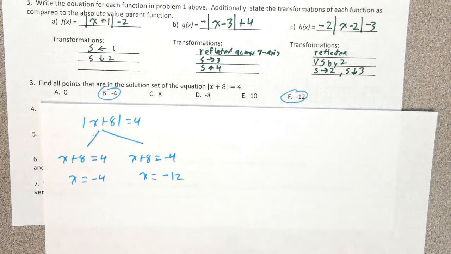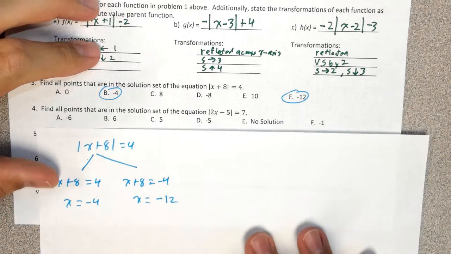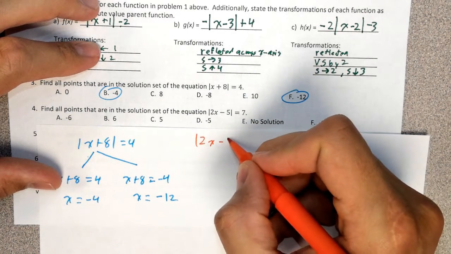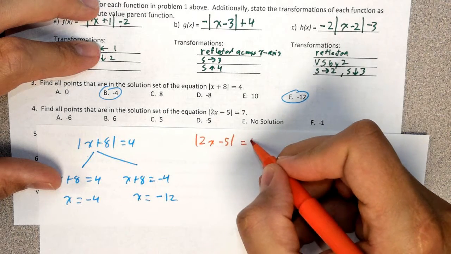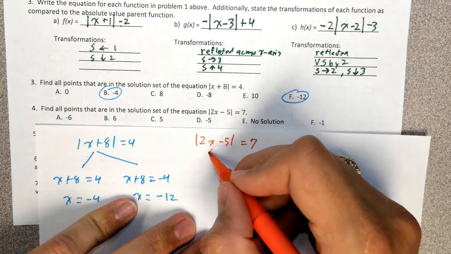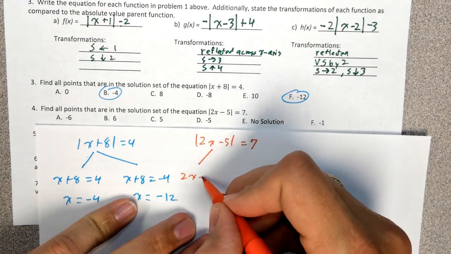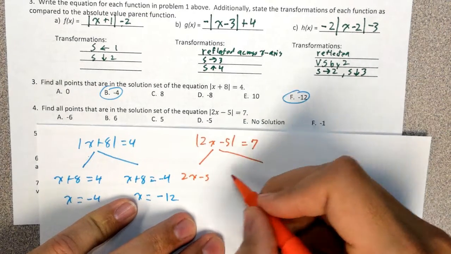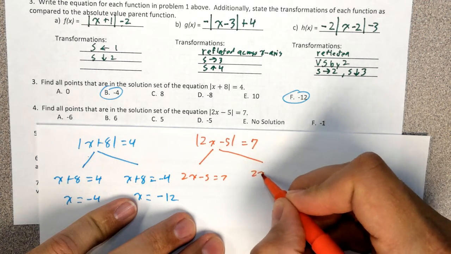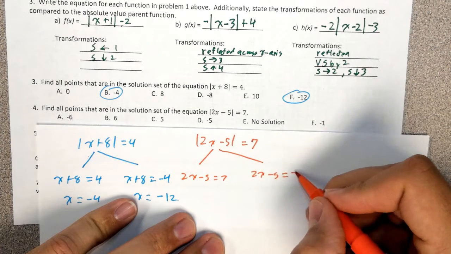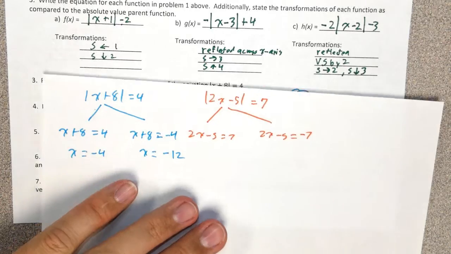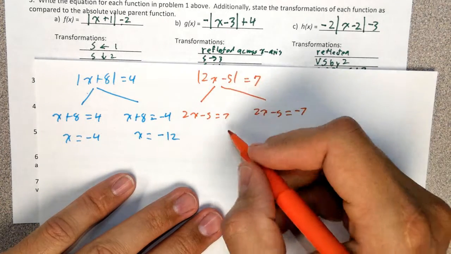Let's look at the next one, number 4. We have the absolute value of 2x minus 5 equals 7. My absolute value part is already by itself, so we have 2x minus 5 is equal to 7, and 2x minus 5 is equal to negative 7. Addition and subtraction come first. We have to take care of the addition and subtraction first.